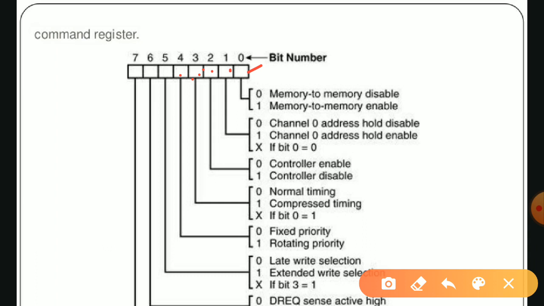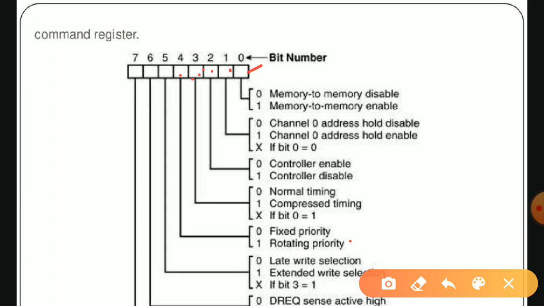In the priority encoder unit that you saw in the block diagram of the 8237 DMA controller, the priority encoding uses two types of priority methods: the fixed priority method and the rotating priority method. The fixed priority method means channel 0 has the highest priority, whereas channel 3 has the lowest priority. That priority encoding is fixed, which is why it is called the fixed priority method.